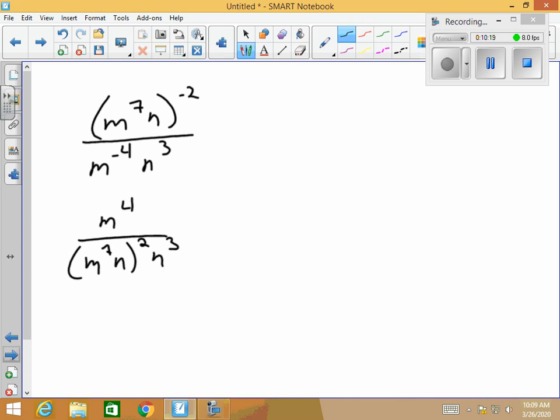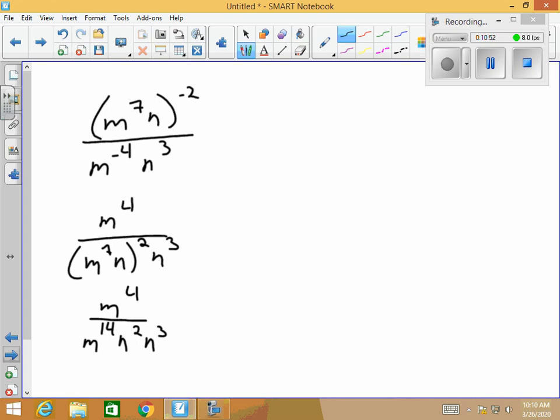We're going to leave it as such. Now, when I'm dealing with fractions, I got to simplify the top or simplify the bottom before I can simplify across. So that parenthesis in the bottom has to come worked out. So nothing I can do inside of it, so my exponent of 2 behind it has to be incorporated into it. So yes, I still have m to the fourth on top, but now on the bottom I have an m to the 14th, I have an n squared, and I have another n cubed that was sitting there beforehand.